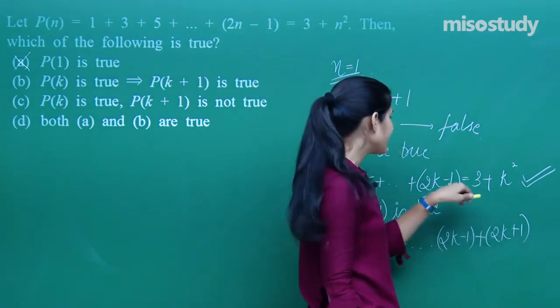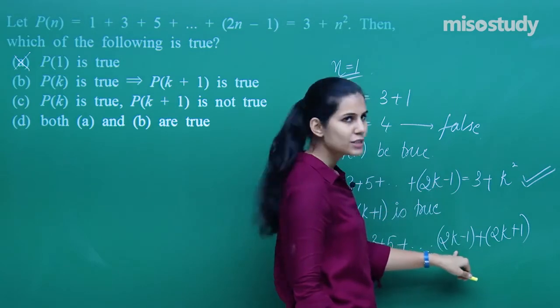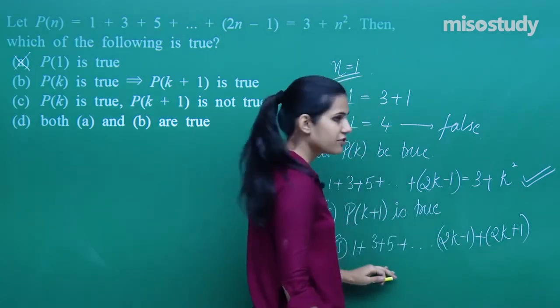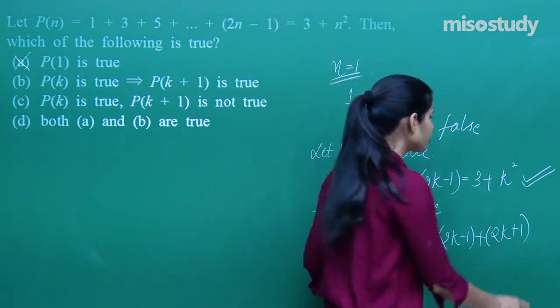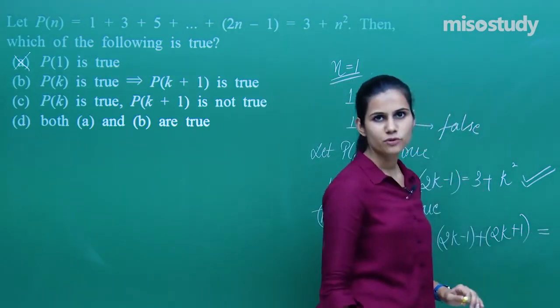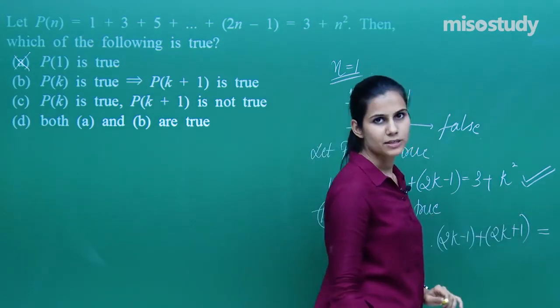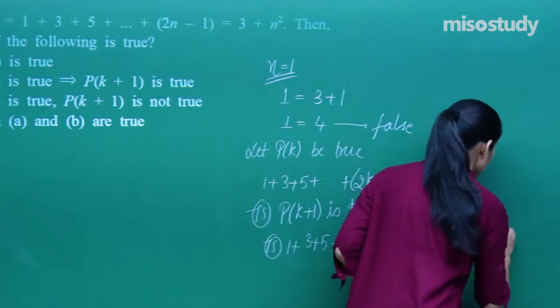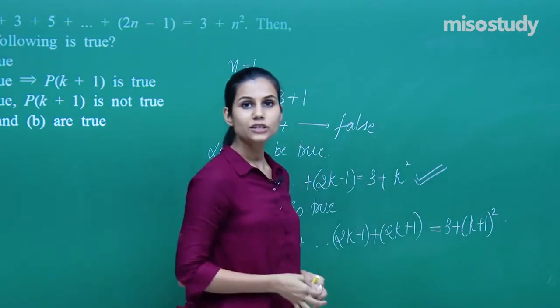Before plugging in k plus 1, you plug in k, and you get 2k minus 1 before it. So this is the expression you get on the left hand side when you replace k by k plus 1. This expression should come out to be the exact same expression which is obtained when on the right hand side you replace k by k plus 1, which is 3 plus k plus 1 square. I need to show this.